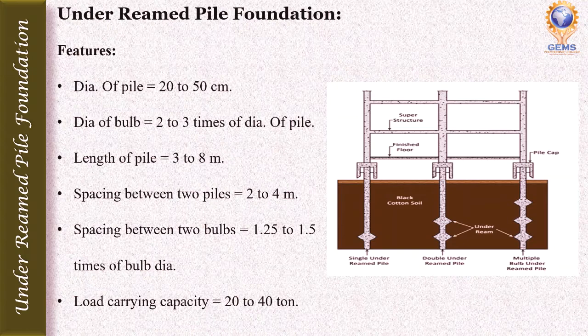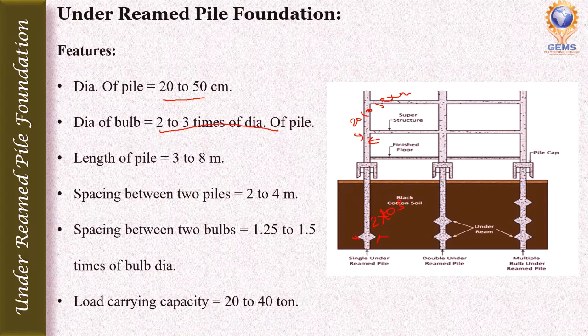So what are the features of these under reamed piles? The diameter of the pile usually lies between 20 to 50 centimeter, and the diameter of the bulb is 2 to 3 times the diameter of the pile.